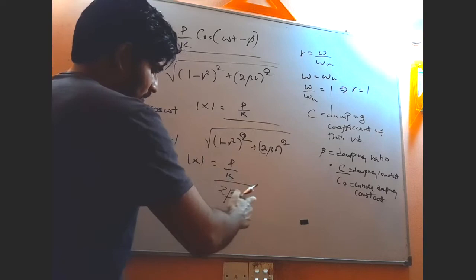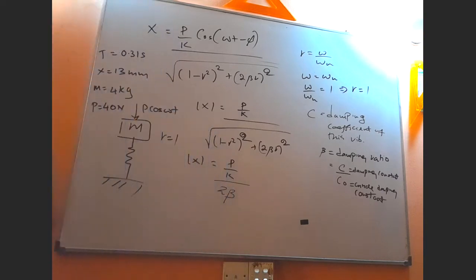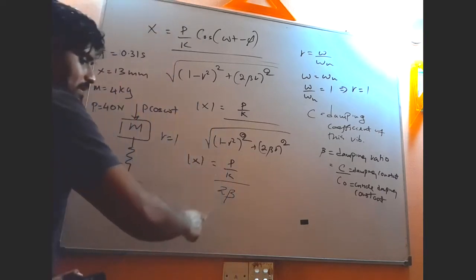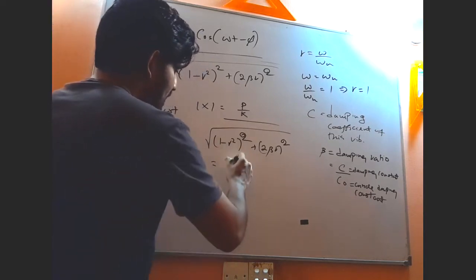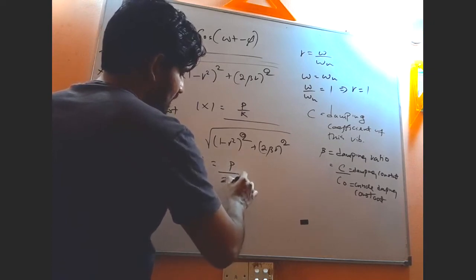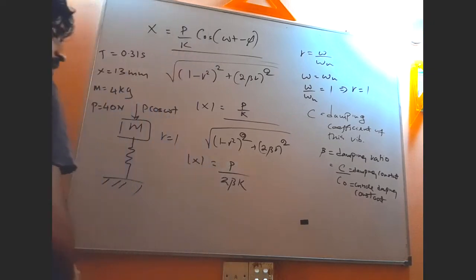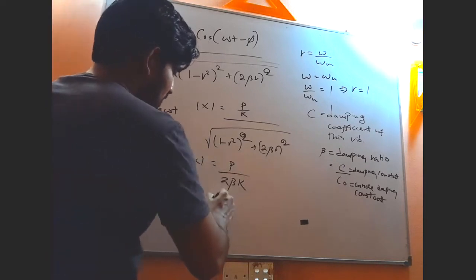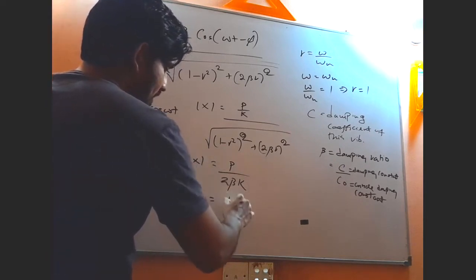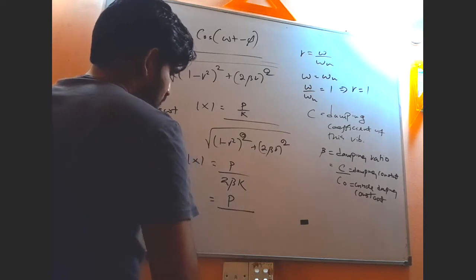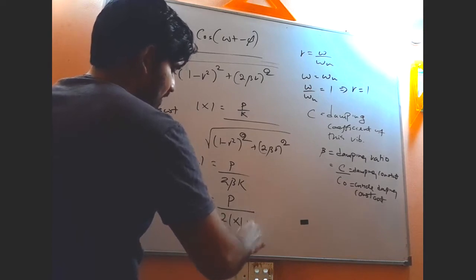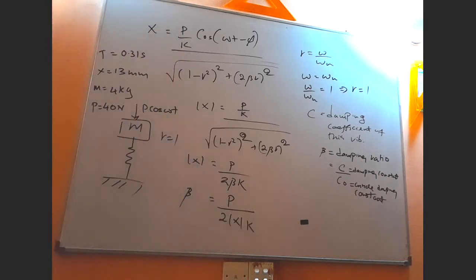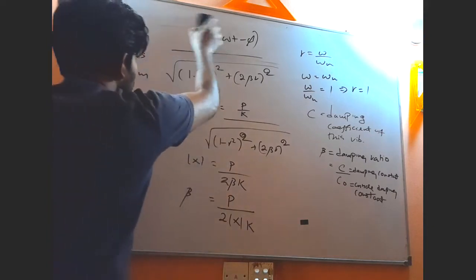P divided by K, divided by 2 beta, so we can say the amplitude equals P divided by 2 beta K. That means beta equals P divided by 2 times amplitude and K. Right, so now I will again erase this part.